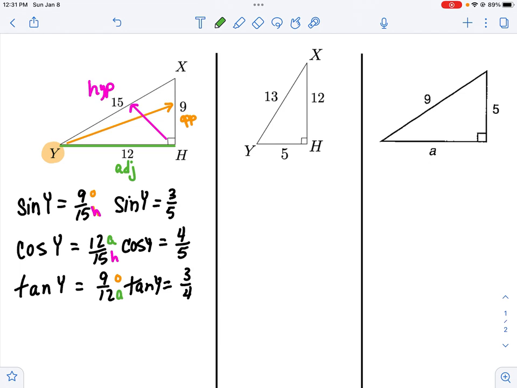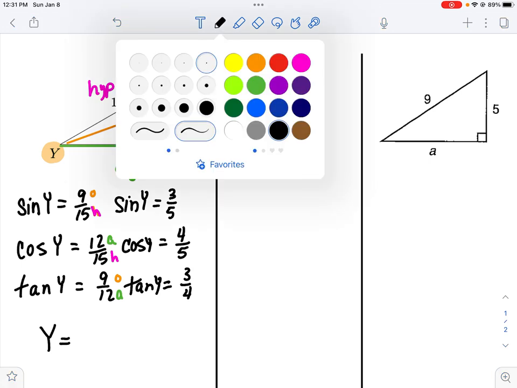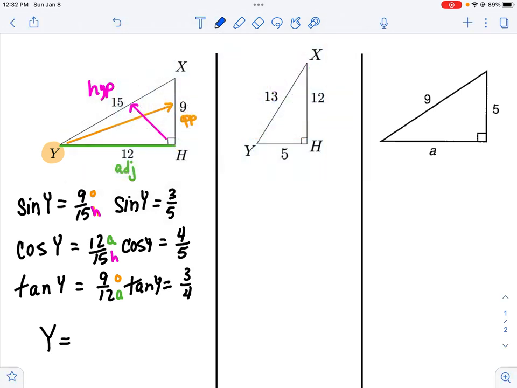Then if we want to find out what y is, the value of y, all I'm going to do is take any of these answers and type them in the calculator. If I take any of those answers and type them in the calculator, I'm going to get the value of y.